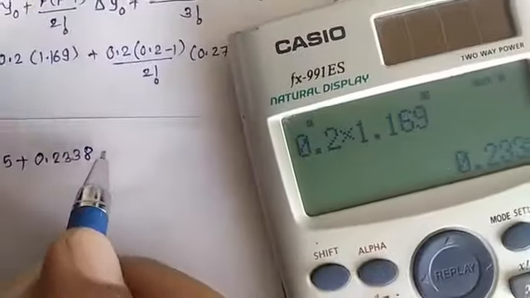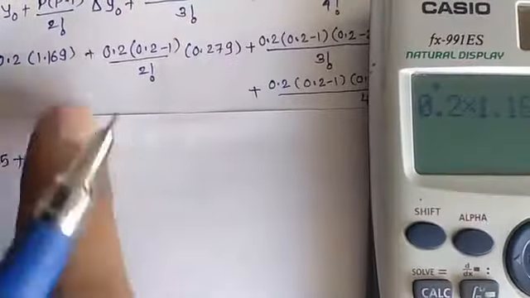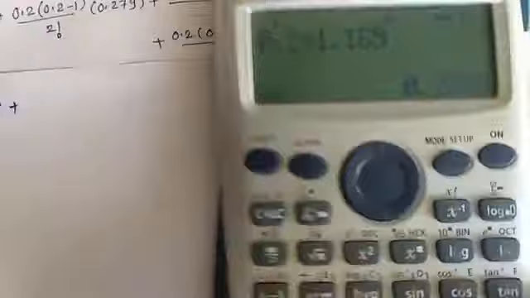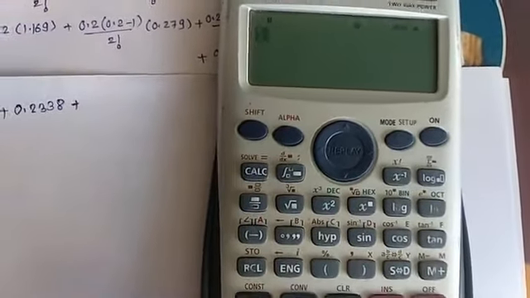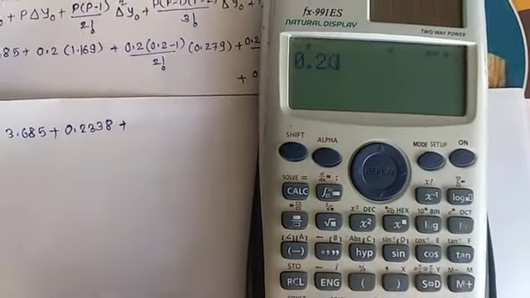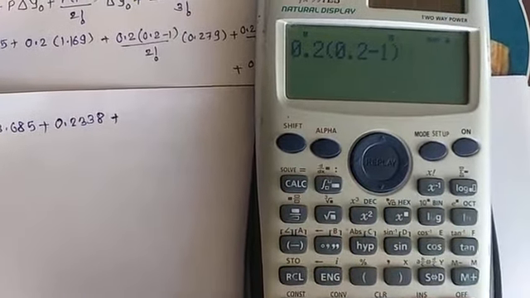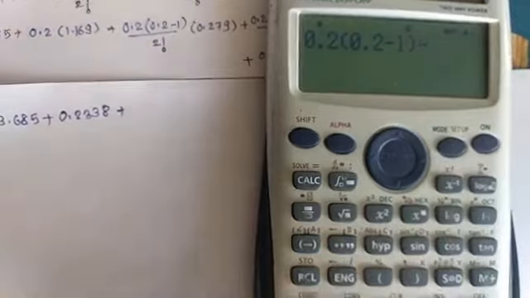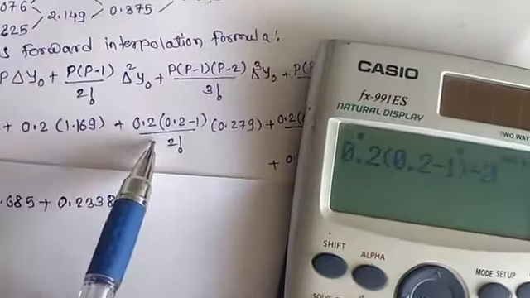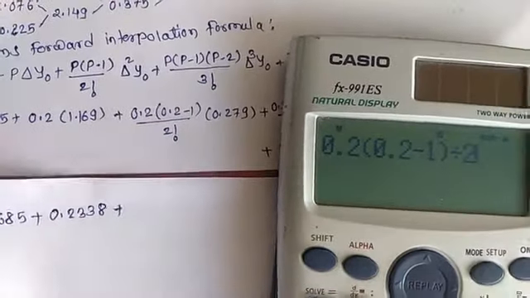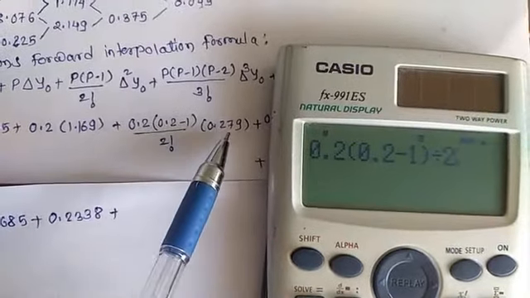Next plus, now here it is 0.2 into (0.2 minus 1), divided by 2 factorial, and the value of 2 factorial is 2. So we will first make this fractional calculation, after that we will multiply it by 0.279.